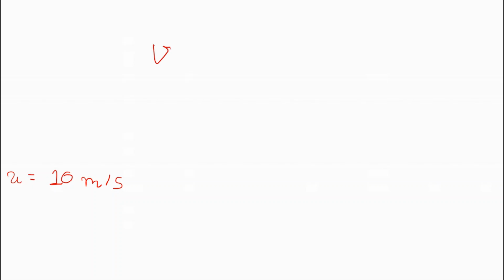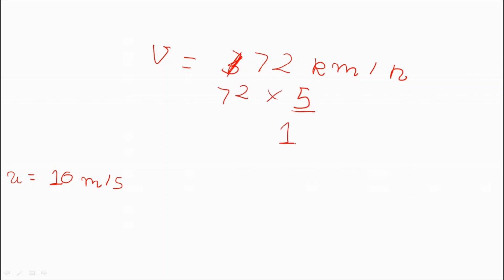72 kilometer per hour, which will become 72 into 5 by 18. So this will become 1, and this is 4.